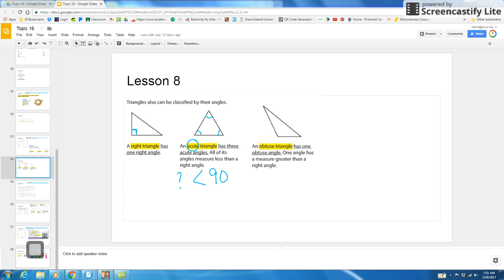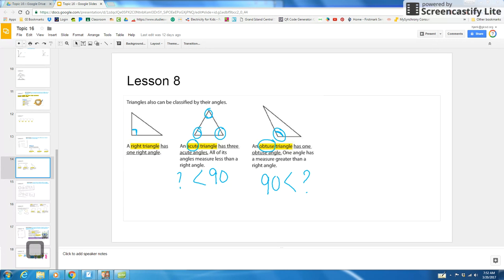It means that all three angles in that triangle are less than 90 degrees. And then we have our obtuse triangle, and that makes that angle bigger than 90 degrees. That does not mean that all three angles, it just means that one of your angles needs to be obtuse, or measure larger than 90 degrees.